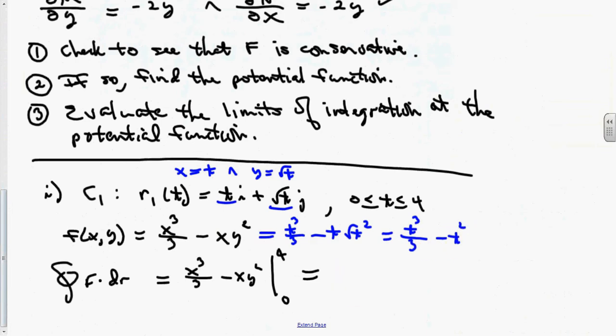So that's what I'm evaluating here, t to the third over 3 minus t squared, from 0 to 4. So we get 4 to the third over 3 minus 4 squared.